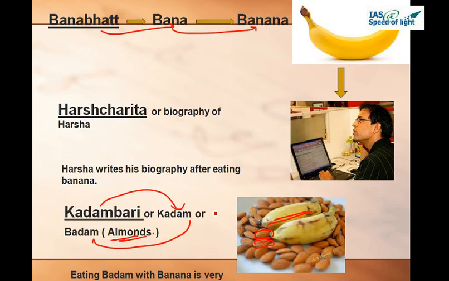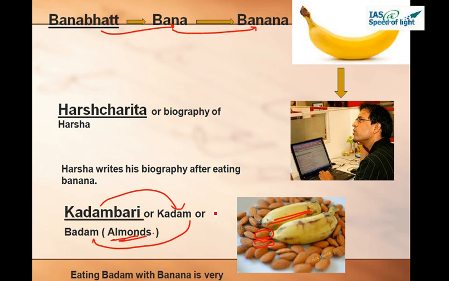Bana Bhatt, banana. With banana, what all things are coming? First is Harsha Charitra, right? Biography of Harsha Bhogle when he is writing after eating banana. Banana eating with badam or almonds is very good for health. Badam, kadambari.